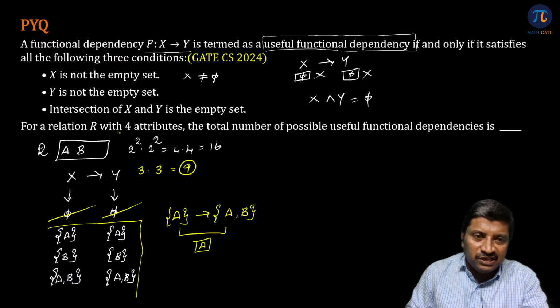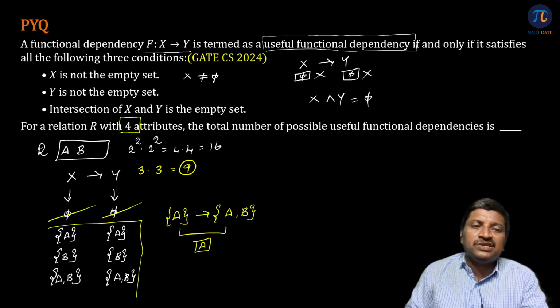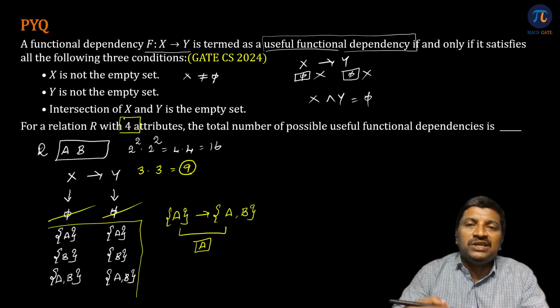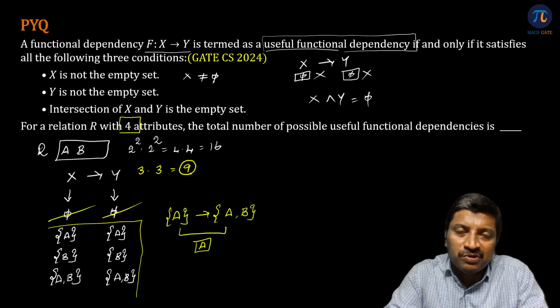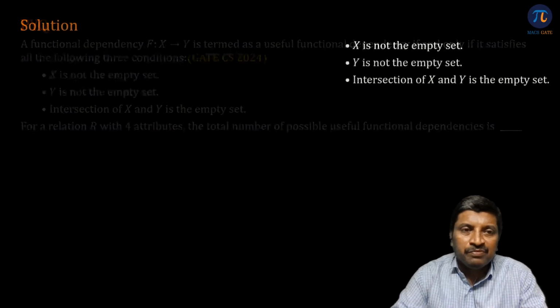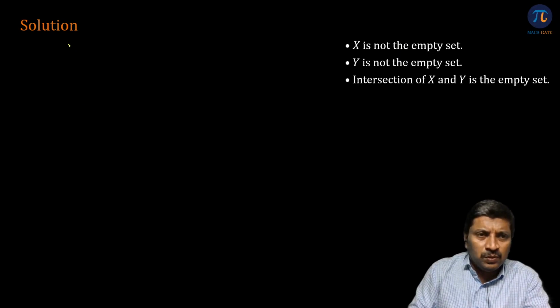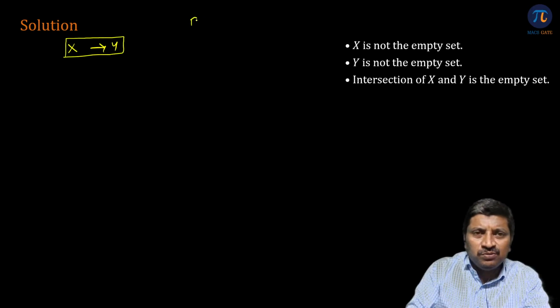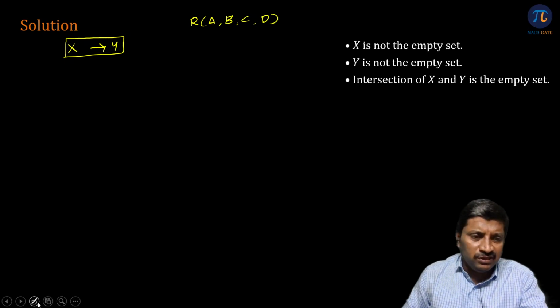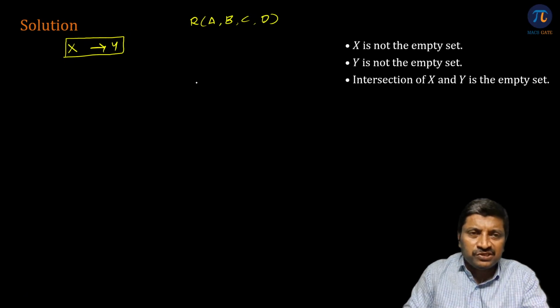And in this case, they have given 4 attributes. So let us count the number of this type of functional dependencies. Fine. So X goes to Y is the functional dependency, and let us assume this is the relation with 4 attributes A, B, C, D. So before going to the third condition, for X, in general, we write 2 power 4 possibilities.